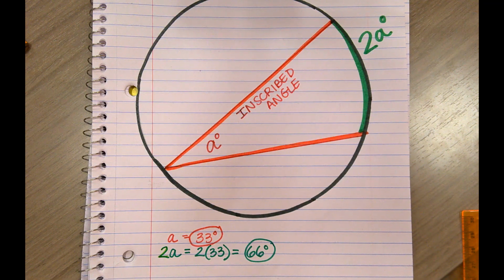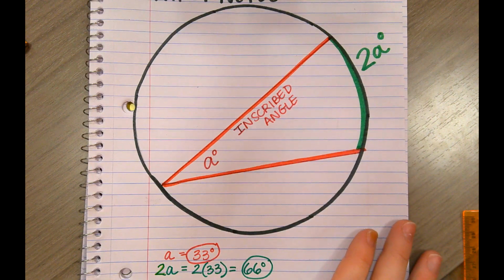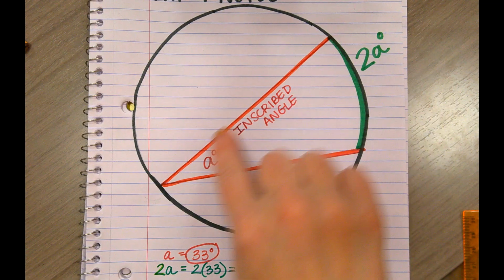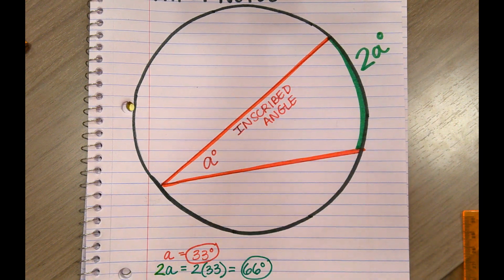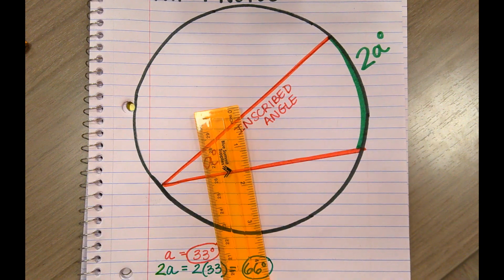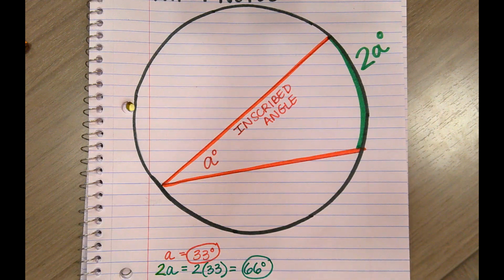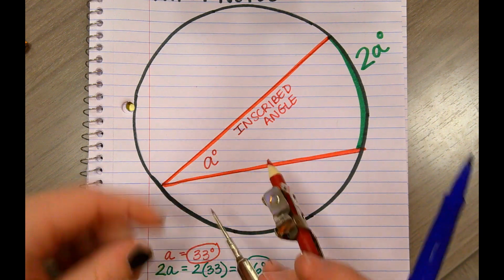Simple things. Now, this is going to be different from one other angle I'm going to show you. I hope that you drew this somewhat through the center. If you did not, that is okay, because the next angle we'll draw will go through the center. So find your center point somehow. Doesn't have to be perfect.